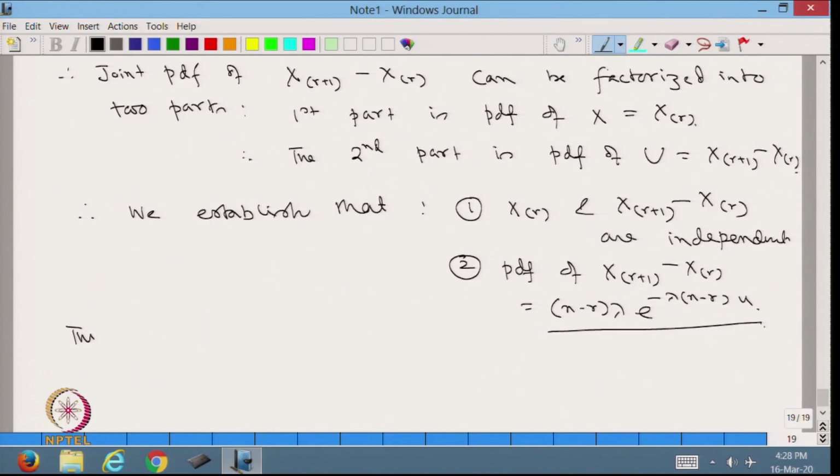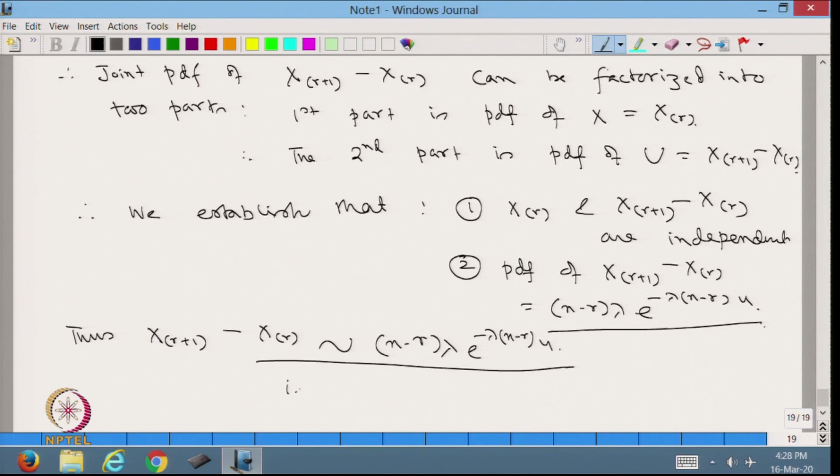Thus, X_{r+1} minus X_r is distributed as (n minus r) lambda e to the power minus lambda (n minus r) u, that is, exponential with parameter (n minus r) lambda.